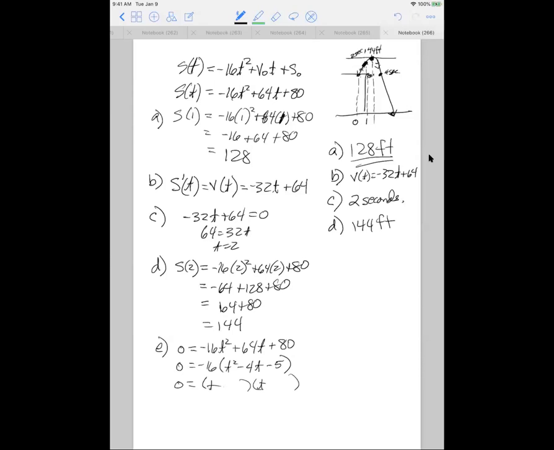But we end up with 5 and 1, and the minus is negative 4, so it's got to be minus 5 and plus 1. Therefore, we've got t minus 5 equals 0 and t plus 1 equals 0. That gives us t equals 5 and t equals minus 1. We know that minus 1 doesn't make sense time-wise in our circumstances, so t equals 5, 5 seconds, is the answer.